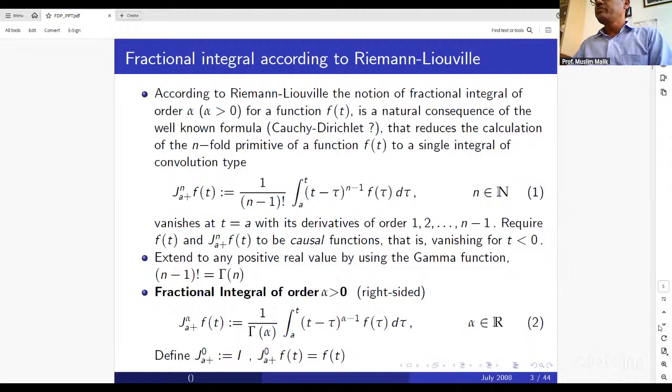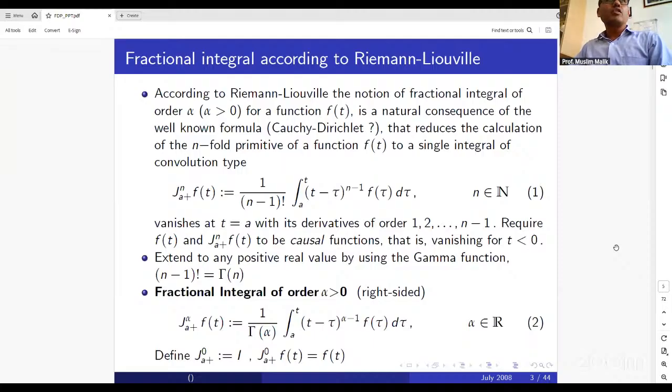So these are a few examples of fractional calculus. But there are also some issues with fractional calculus, because for the integer order derivative we have the physical interpretation, what is the meaning of that. But for the fractional derivative we do not have that physical interpretation. Okay, so there are some questions still open for all the people.